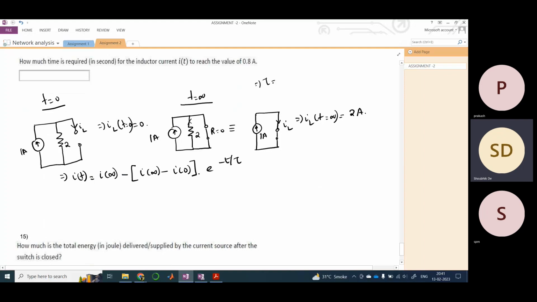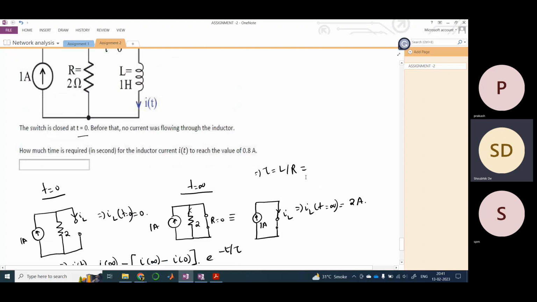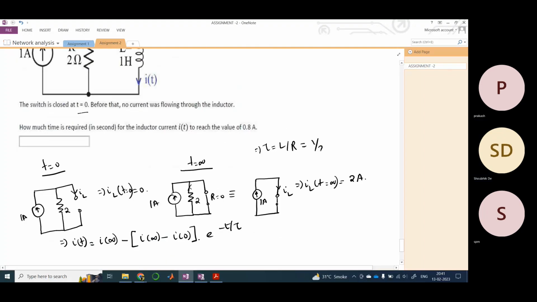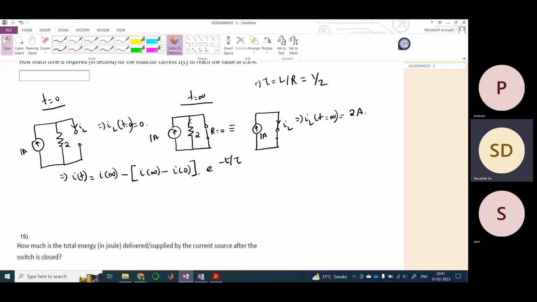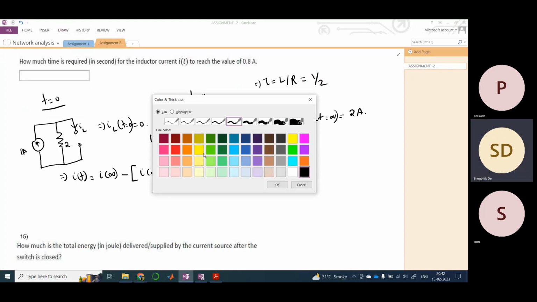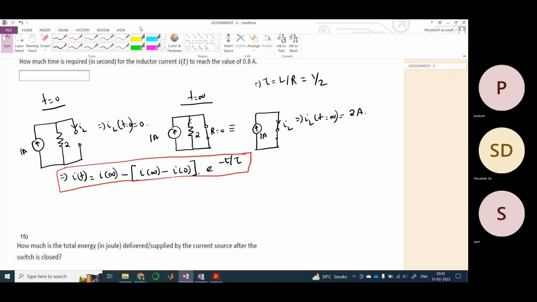Tau is nothing but L by R. L is 1 and R is 2, so tau would be half. This is the formula, and just circle it because this is very important. It will help you to solve these transient analysis problems.